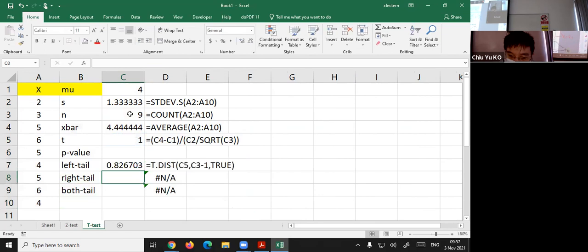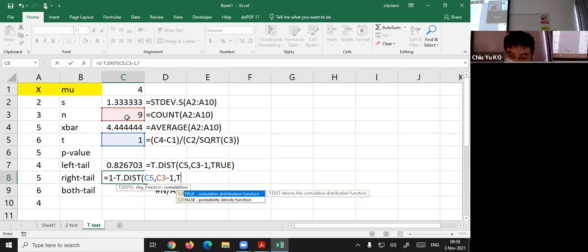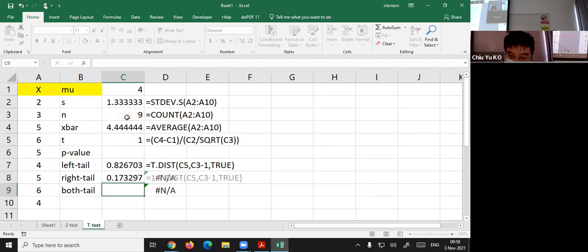And 1 minus. And for both tails, because the t is more than 0, you just multiply 2 with the right tail.